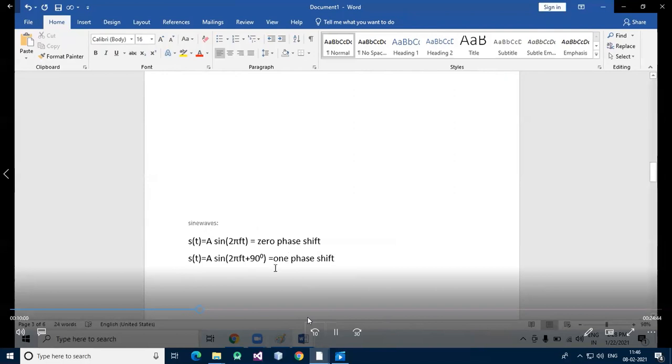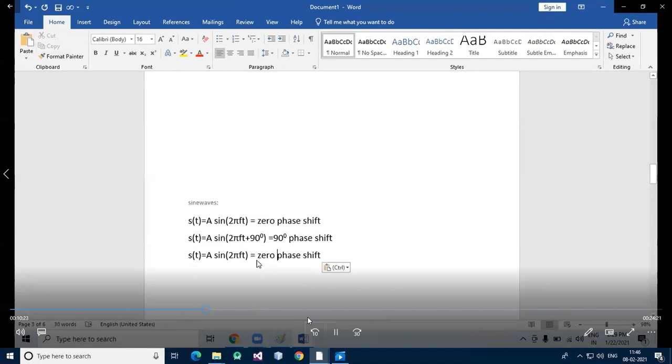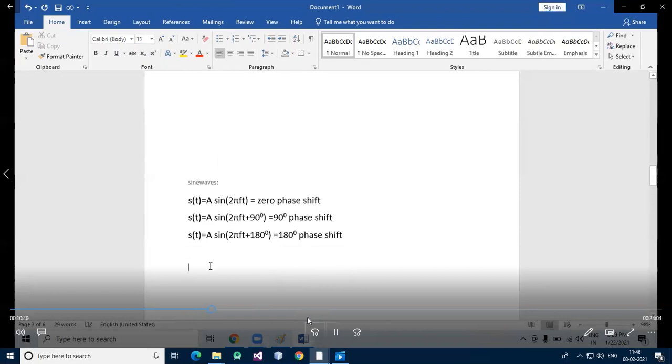You can say this is zero phase, and this is nothing but the 90-degree phase. Then here again copy it, and this is a 180-degree phase. So here you have to mention 180 degree. So these are the three phases which you have to write in your sine wave.